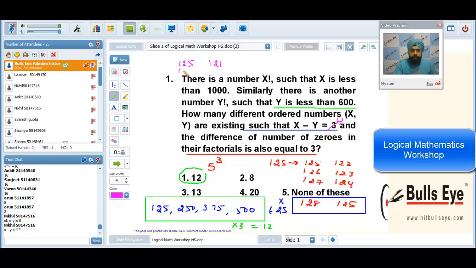So 125, 126, 127 and 128. Now there will be 4 such numbers closer to every 5 cube, which will give us a difference of 3 in the number of zeros in their factorials. As we'll have 4 such groups, the answer to the question shall become 4 times 4, which is 16.